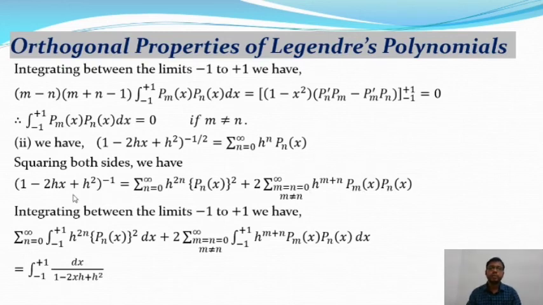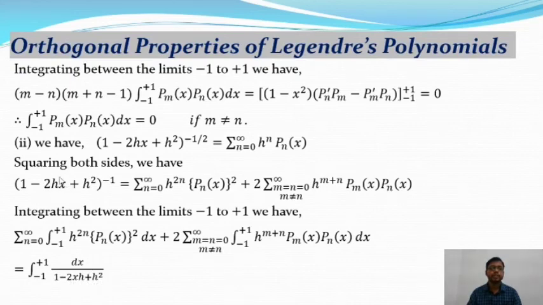Now integrating on both sides between the limits -1 to +1, we have the summation over n = 0 to infinity of the integral from -1 to +1 of h^(2n) (Pn(x))² dx plus 2 into the summation over m, n of the integral from -1 to +1 of h^(m+n) Pm(x) Pn(x) dx, and this equals the integral from -1 to +1 of dx by (1 - 2xh + h²).